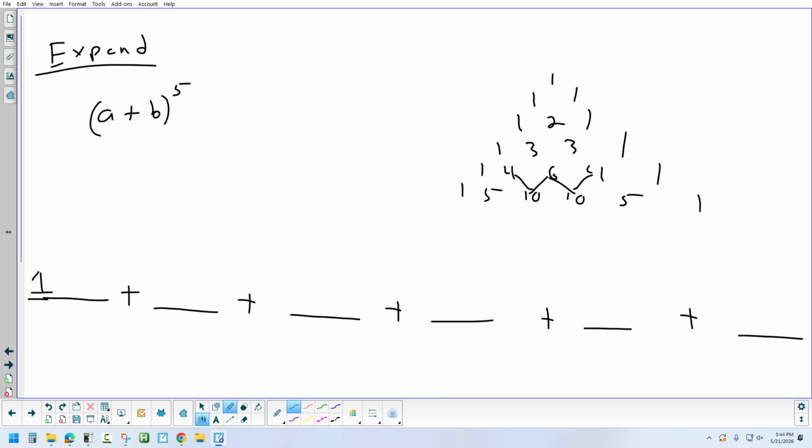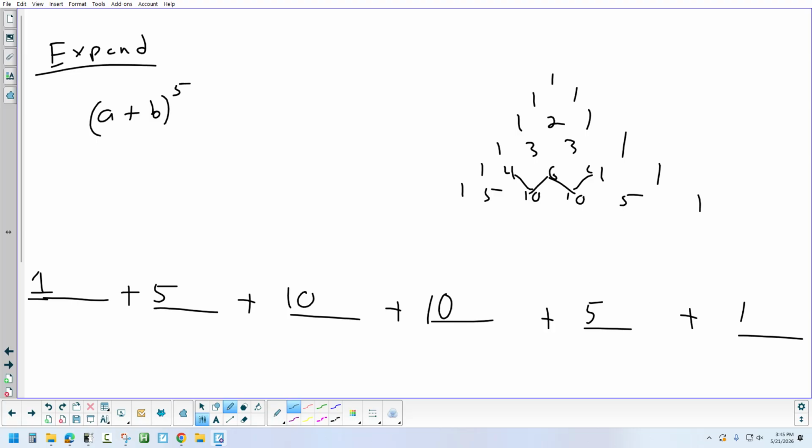And the coefficient of my next term? 5. And my third term? 10. Fourth term? 10. So we've hit the halfway point, so now it's symmetrical. 1, 5, 10, 10, 5, 1.